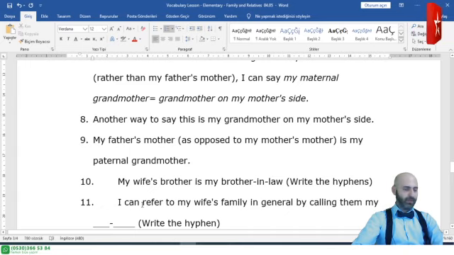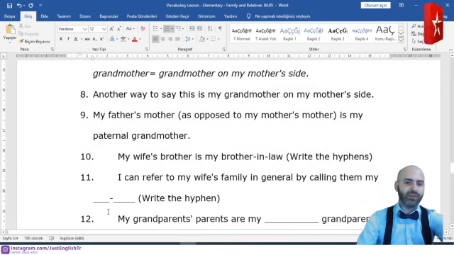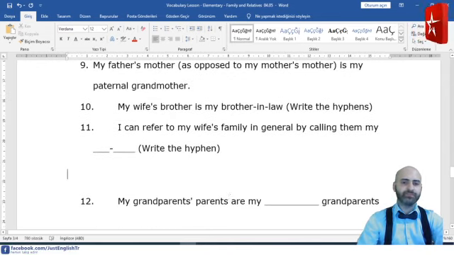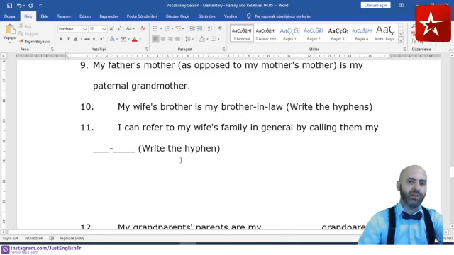When I'm talking about my wife's family, in general, I'm talking about the whole family. What do I say? We learned this one, guys. What do you think is answer for question number 11, guys? Let's check some of the comments on Facebook as well.